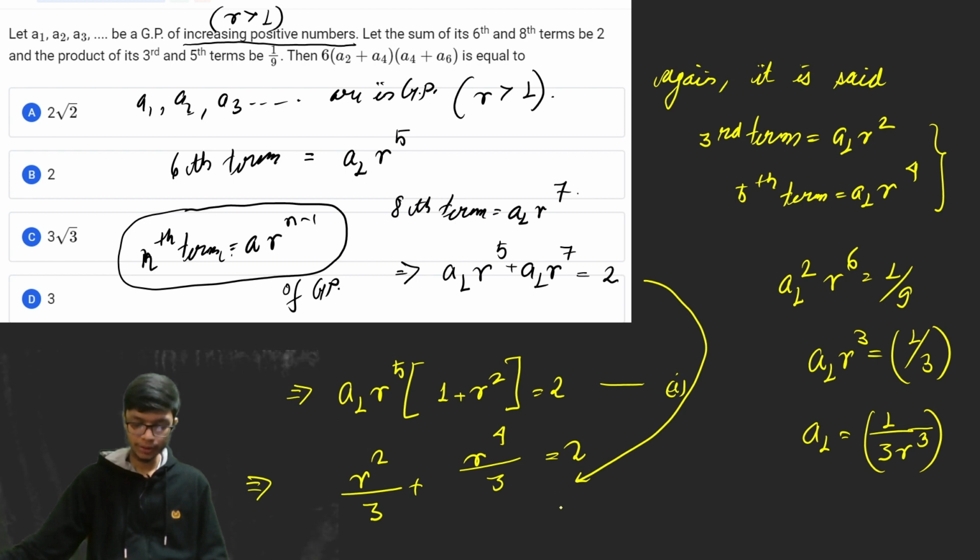So from here you will get the result r to the power 4 plus r square is equal to 6. Now this can be factorized: r to the power 4 plus r square minus 6 is equal to 0.